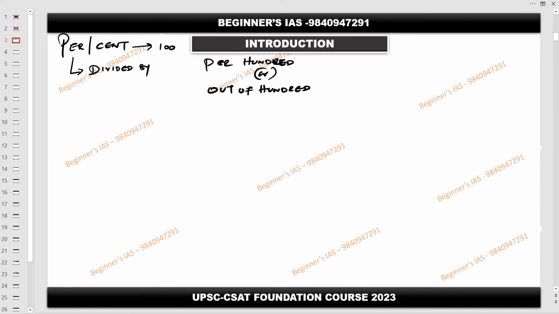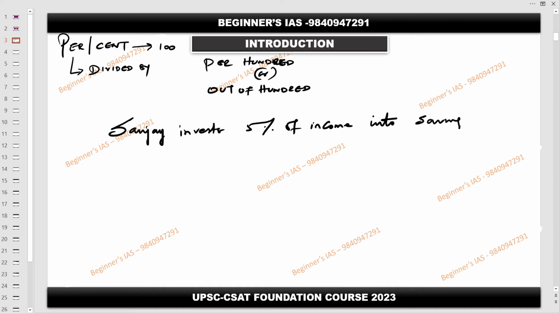Here is the basic thing. For example, Sanjay invests 5% of income into savings.